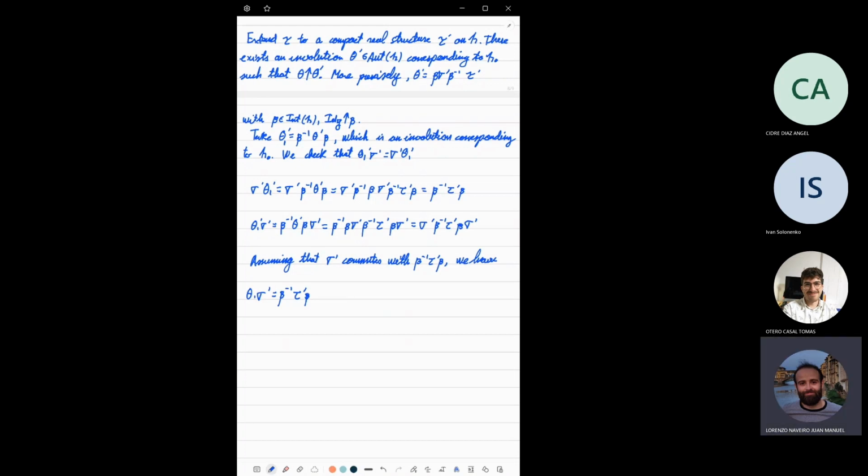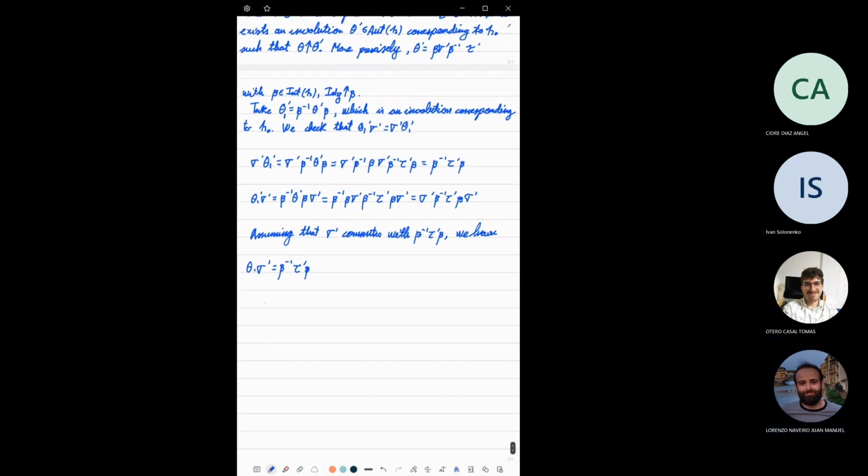Well, at any rate, this means that sigma 1 prime and sigma prime and theta 1 prime commute, and thus sigma 1 prime does restrict to H0.